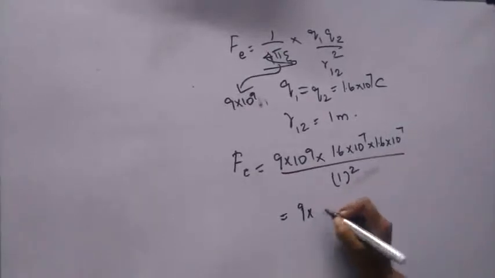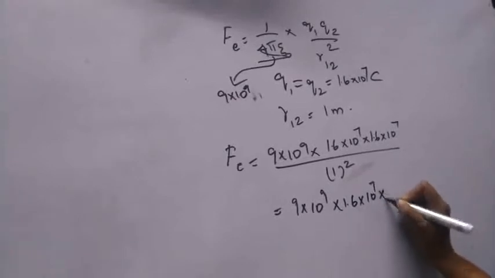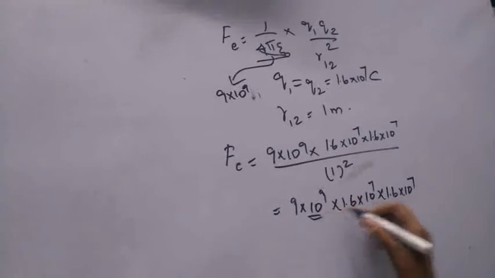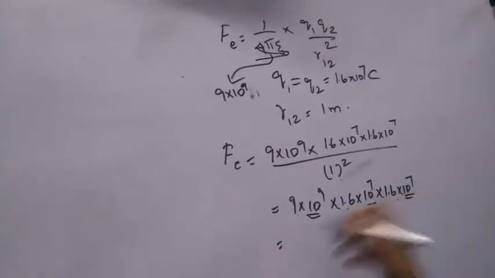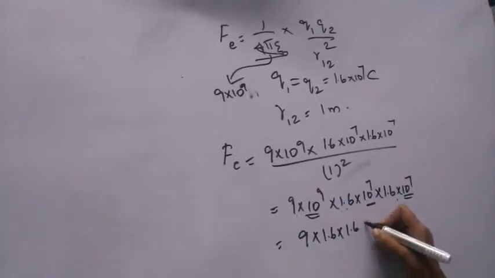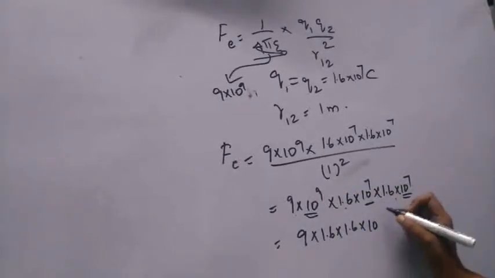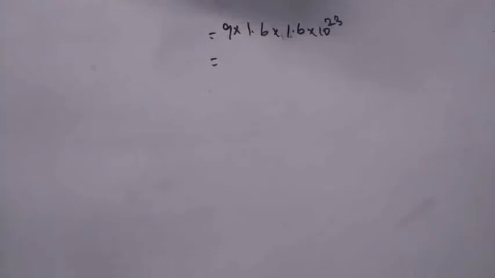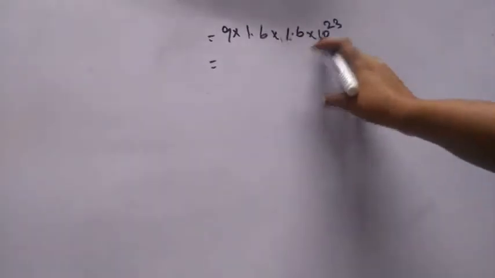So it is 9 into 10 to the power 9 into 1.6 into 10 to the power 7 into 1.6 into 10 to the power 7. Add up all the 10 powers here and I'm writing the remaining terms separately. So 9 into 1.6 into 1.6 into 10 to the power 7 plus 7, 14, 14 plus 9, 23.